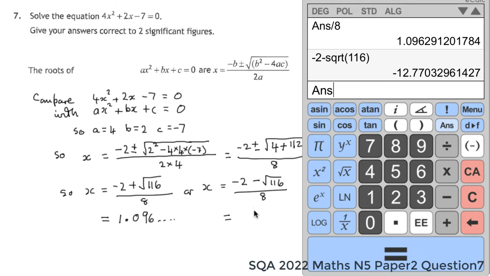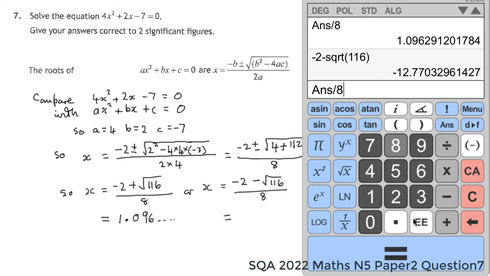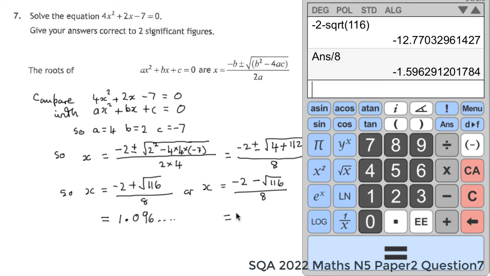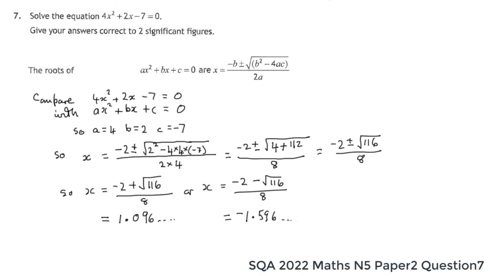So I'm being a bit wary about that. I'm working out the top of the fraction first before I divide by 8. So it's that answer divided by 8. And that gives me -1.596, and so on.